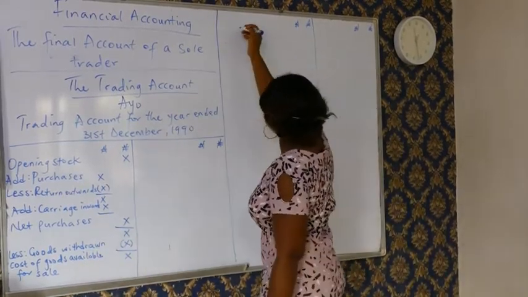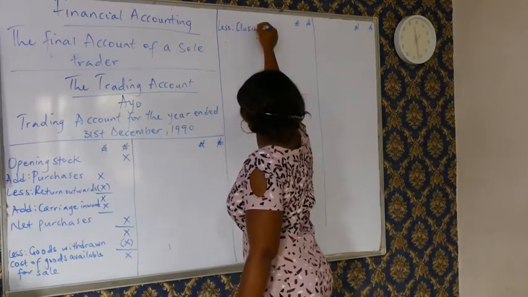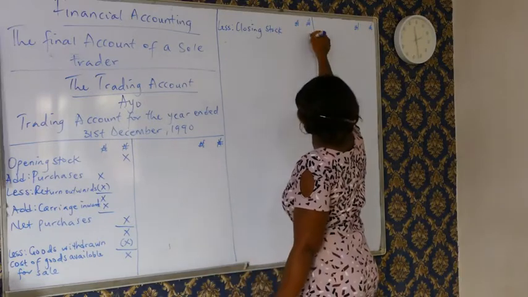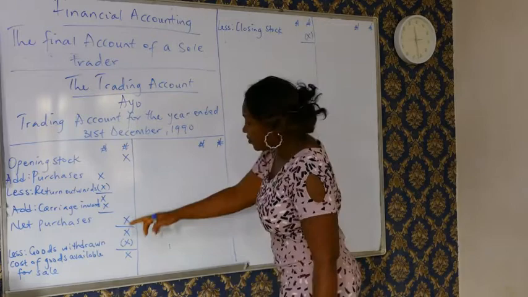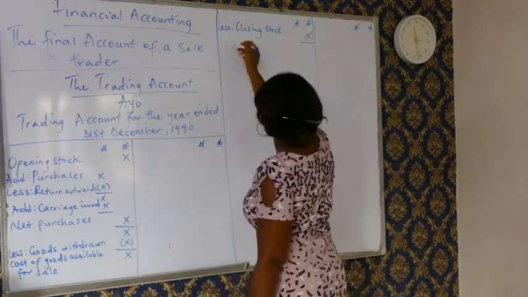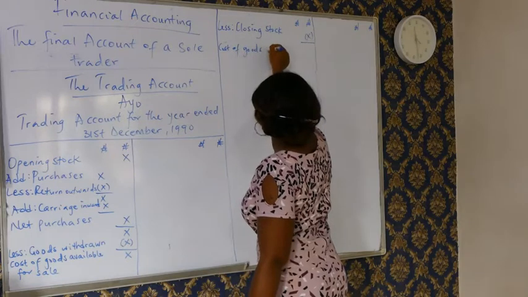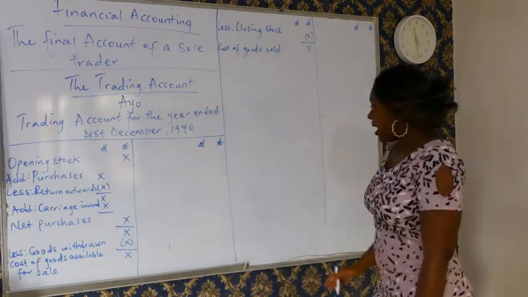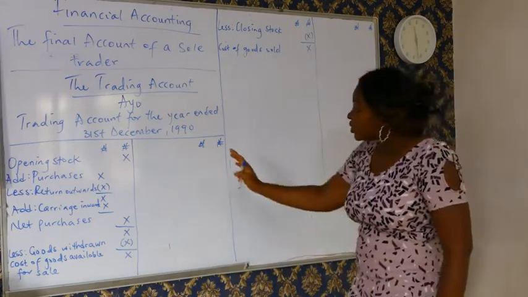Now we less closing stock. If we less closing stock from cost of goods available for sale, we have cost of goods sold. As soon as we get our cost of goods sold, we stop and then we go to the credit side.